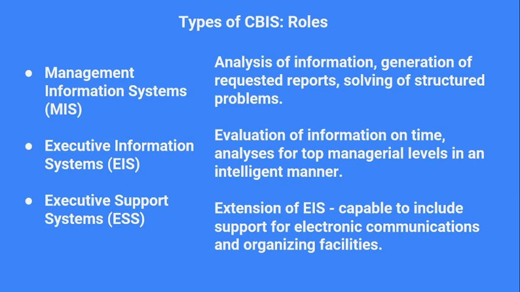Next, Executive Support System. This is nothing but the extension of Executive Information System only, with additional capability to include the support for electronic communications and organizing the facilities that will be required to run the system.